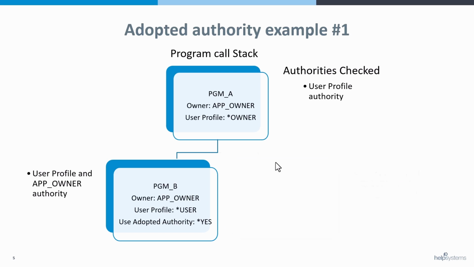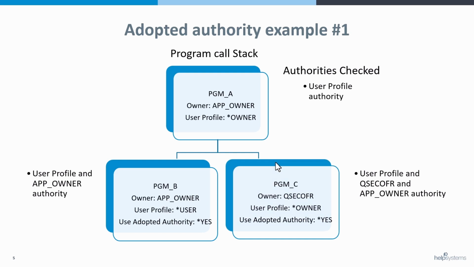Let's look at another example. So program C, we're going to elevate this time, and we're going to grant QSECOFR authority to this program. So when this program executes, the first thing it looks at is the user profile authorities. Then, because the user profile on the program is configured to *OWNER, it's going to see if QSECOFR has authority to the objects.